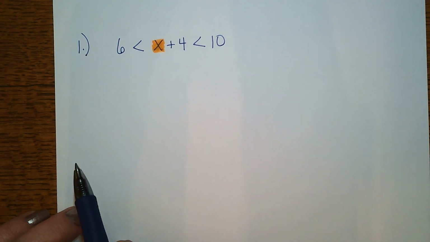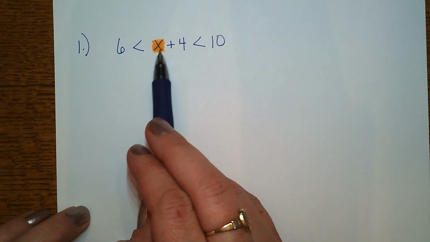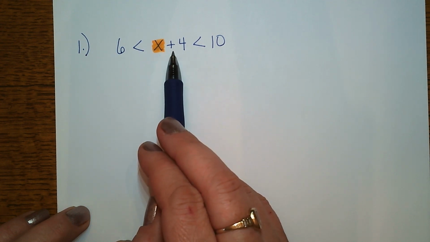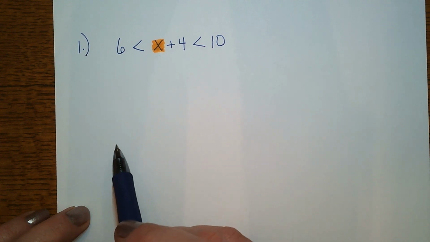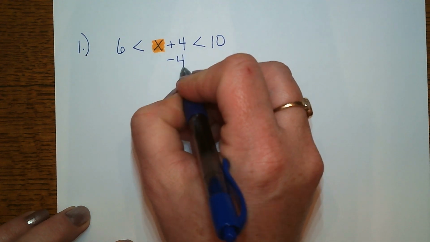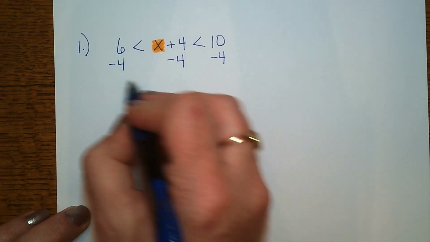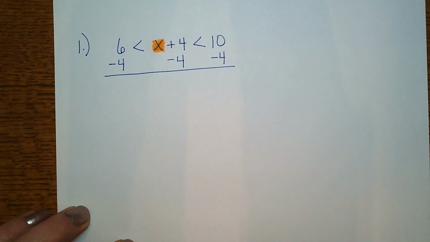Well, I have a plus 4 here, and I need to get rid of that plus 4. I need the x to be by itself. So what can I do to plus 4 to cancel it out? Well, I'm going to do the inverse operation, which is to subtract 4. And then I have to subtract 4 from all three parts of this compound inequality.